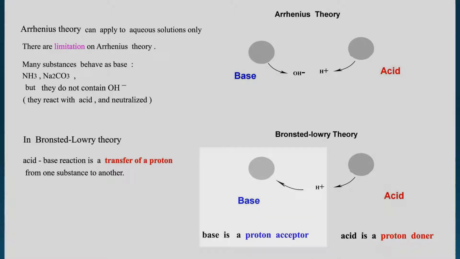What is a base? The base looks very different. Instead of donating OH-, a base accepts a proton. Accepting a proton makes a base. This is an important theory. Please remember and understand.